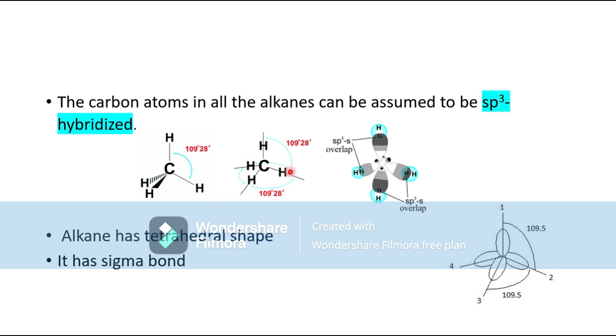As we can see here, it has sp3 hybridization, so it has a bond angle of 109.5 degrees, or 109 degrees 28 minutes. The alkanes consist of sp3 hybridized carbon. Alkane has a tetrahedral shape and it has a sigma bond.